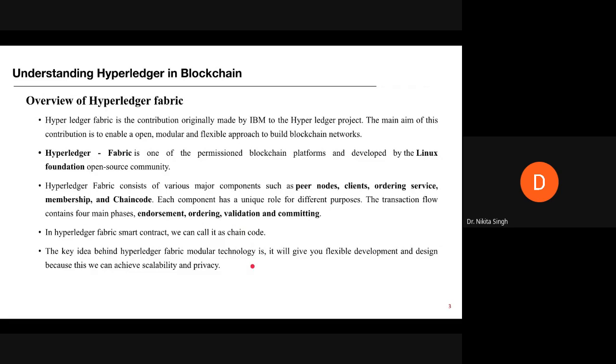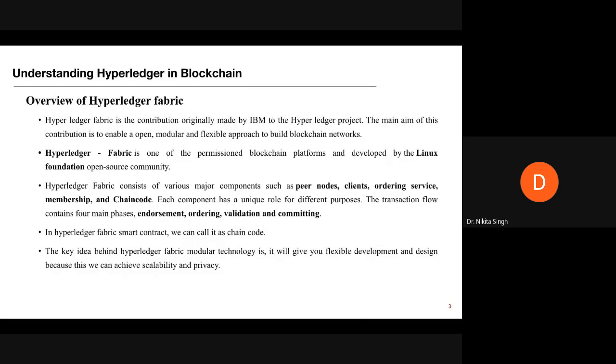The key idea behind developing the Hyperledger Fabric technology and making it modular was that it gives you design and development flexibility. You can use different modules as per your convenience, as per your use case. If you want to develop a smaller application, you can use one type of consensus.